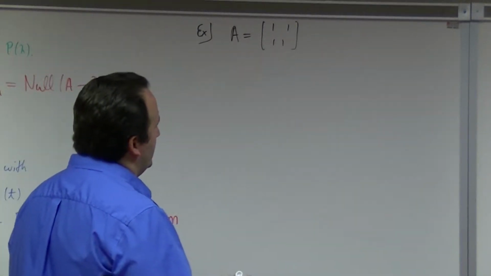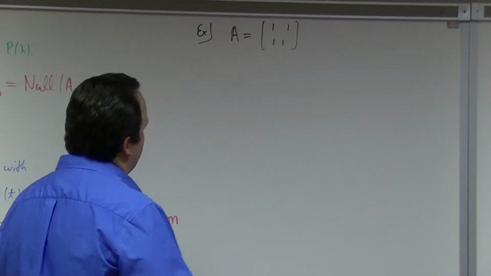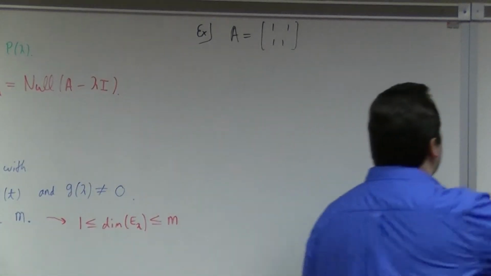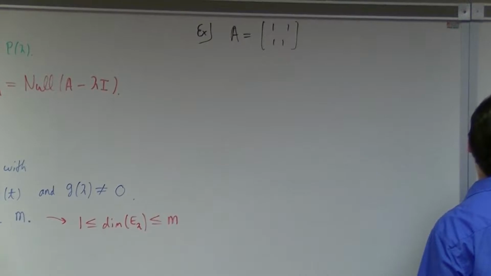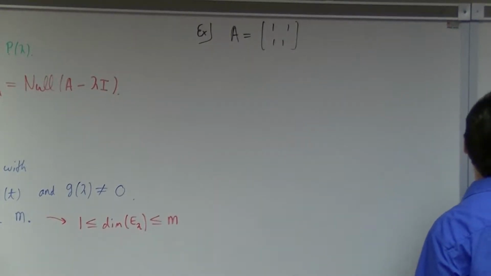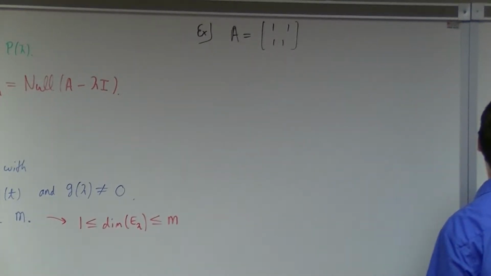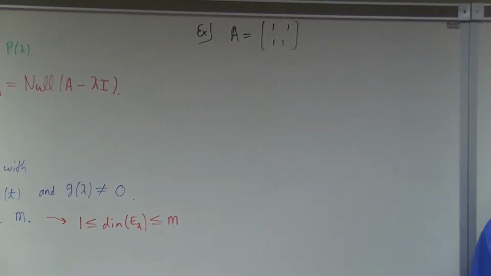Okay. So I need to write our strategy over here. What's our strategy? Find bases. So one, we're given A and asked to find eigenvalues and basis for each lambda.